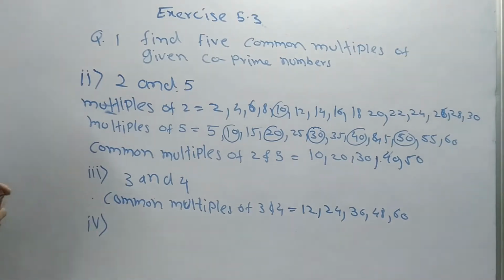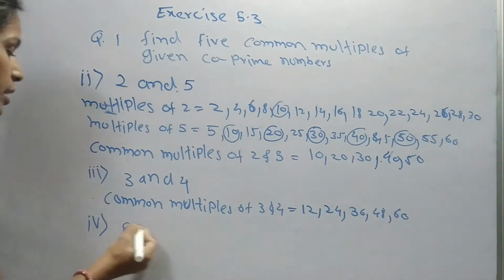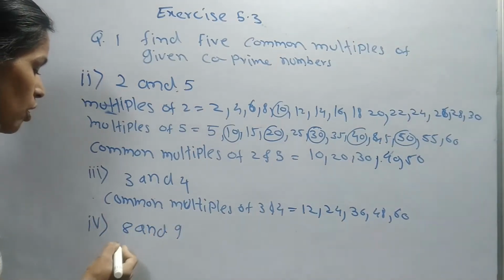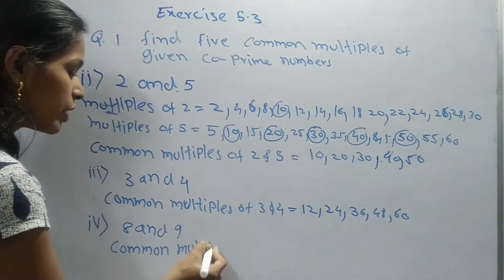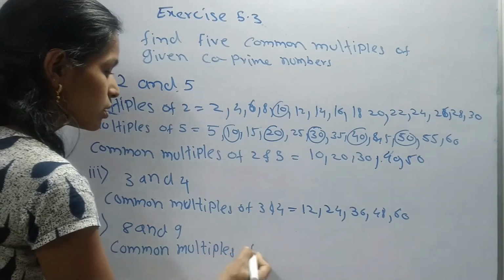Let's solve one more example, that is 8 and 9. 8 and 9 are co-prime numbers. So the common multiples of 8 and 9 will be 8 nines are 72.